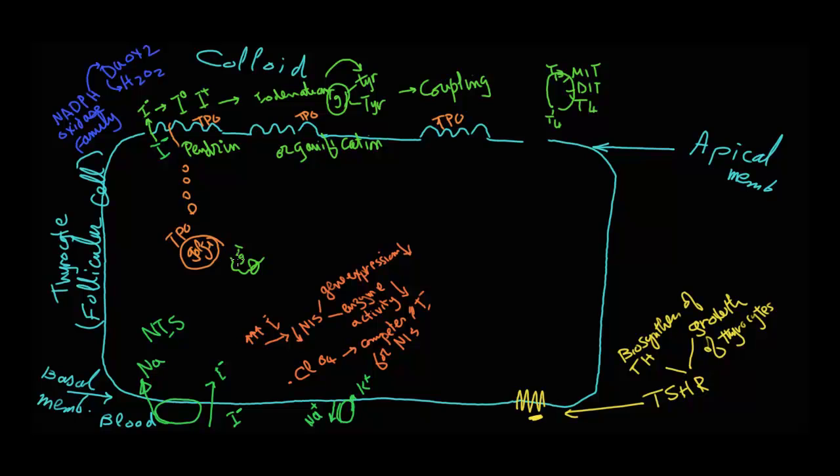TPO is produced inside the cell and it goes to Golgi and it moves towards the apical surface.